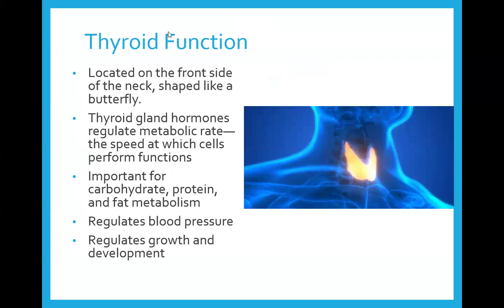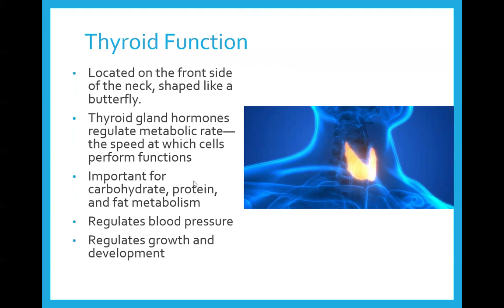Okay, so thyroid function. The thyroid is a butterfly-shaped gland that is located on the front side of the neck, just below sort of where the Adam's apple would be. The thyroid gland produces hormones that regulate metabolic rate. That is the speed at which a cell performs the different functions.